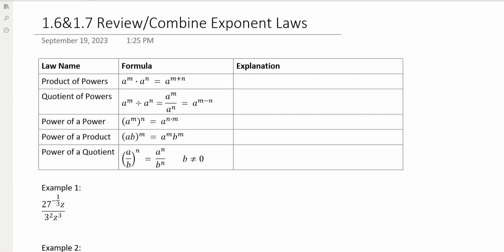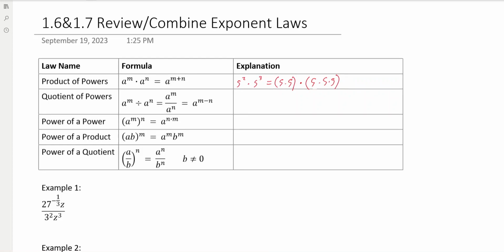So what this will look like is when we just try some numbers out. Let's pick a different base: 5 to the 2 times 5 to the 3. Another way to write this is 5 times 5, because the first one is squared, so we do it twice, times the second one, which is 5 times 5 times 5.